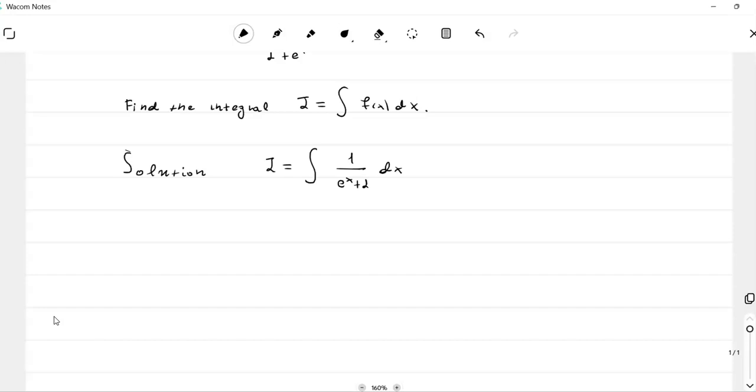This is a little bit tricky. What we have to do is to add and subtract in the numerator e to the power of x. So I have the integral.